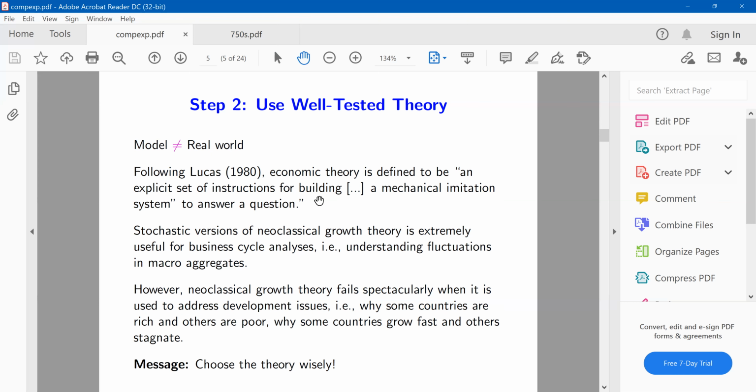So obviously, we know from the RBC literature that some stochastic versions of the neoclassical growth model are useful. I mean, these versions are useful in understanding aggregate fluctuations. Okay, so if you want to understand the fluctuations in consumption, investment, and GDP, you may start with a very simple stochastic neoclassical growth model.